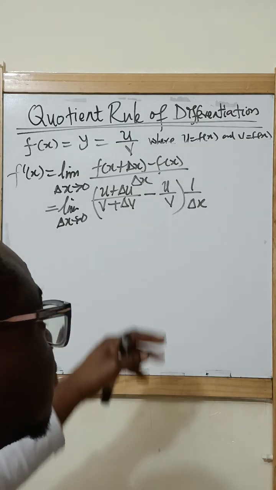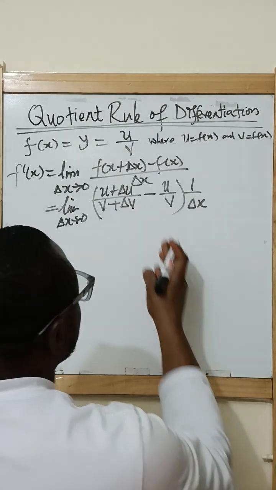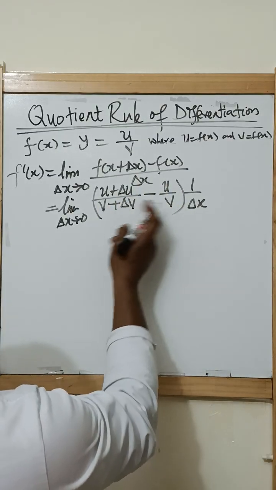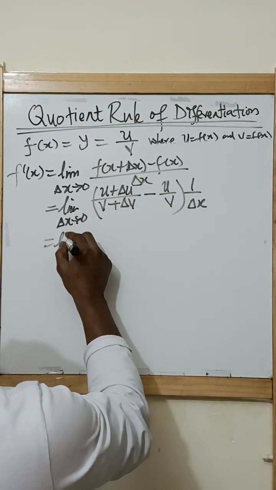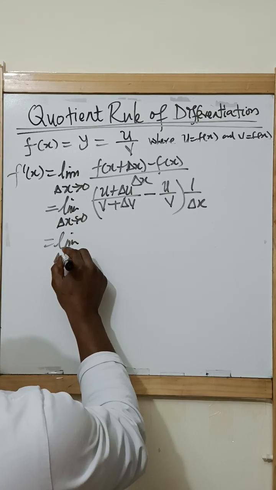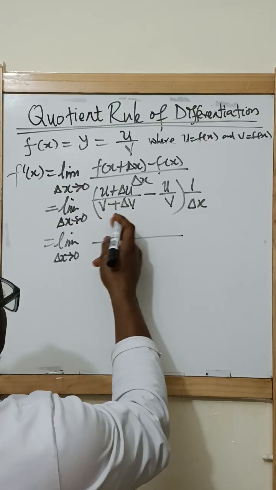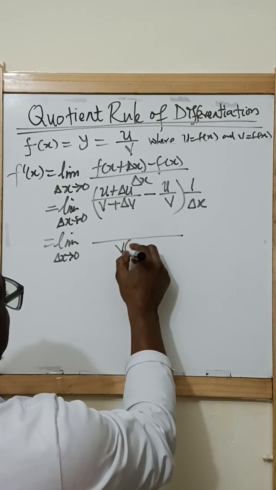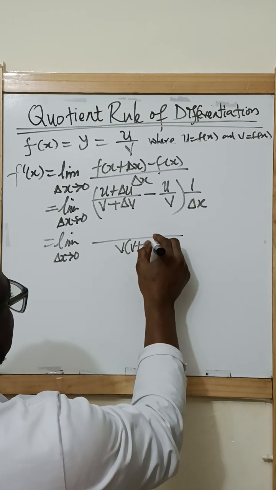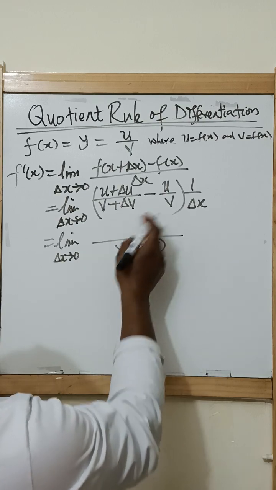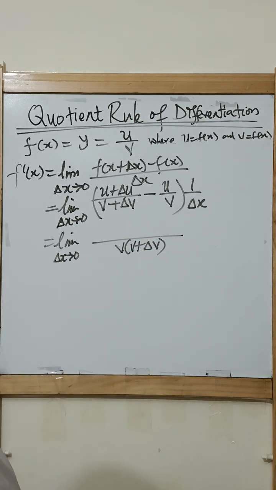We have not offset anything. So we can find the LCM of this, and that LCM is going to be v times v plus delta v. That is, you multiply the two.